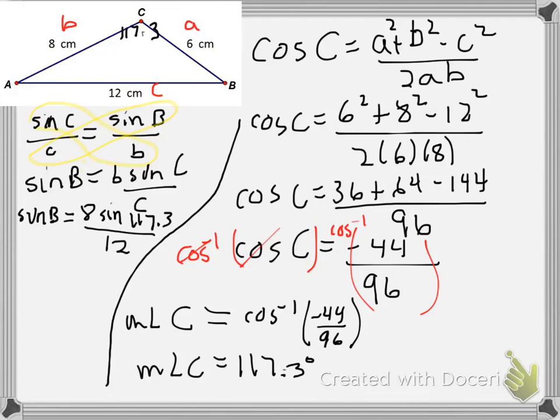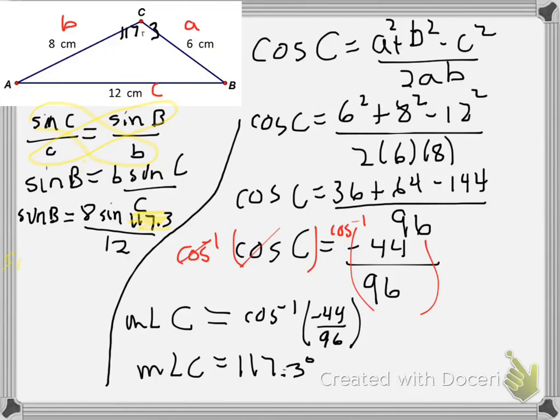Now the one thing is I've left this in the memory of the calculator, so I'm going to use the answer key, which is 117.3 degrees with all the decimals, but I don't want to write all that out because it's not enough space here.